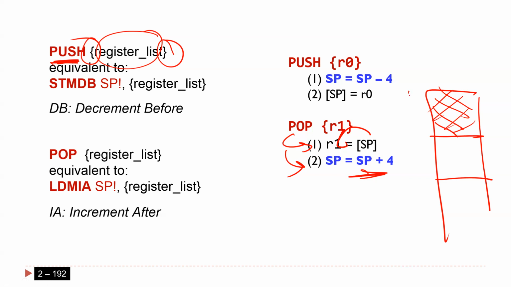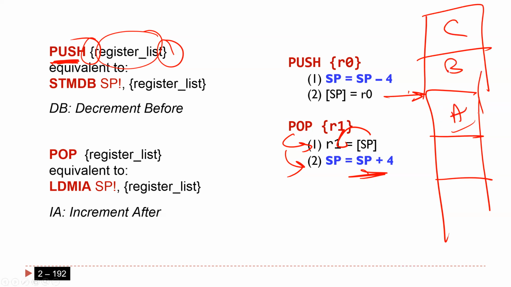Okay, so increment by 4, so that, for example, you have other words here. For example, I'm going to call this word A, this word B, this word C. I think this one should be here at the beginning address.